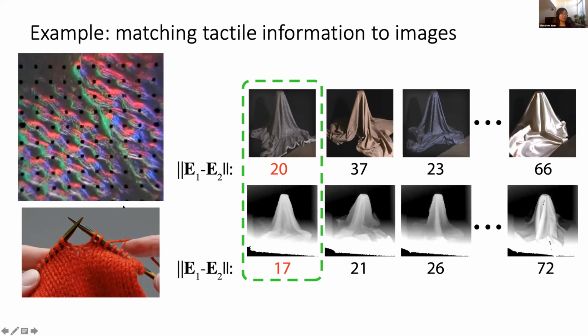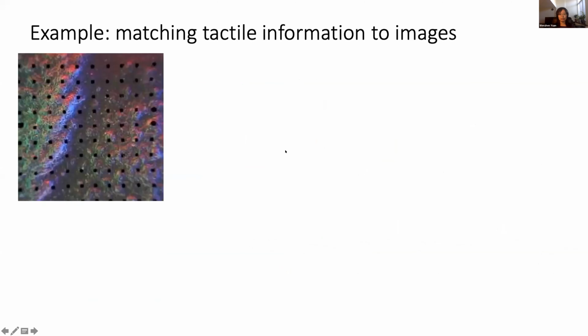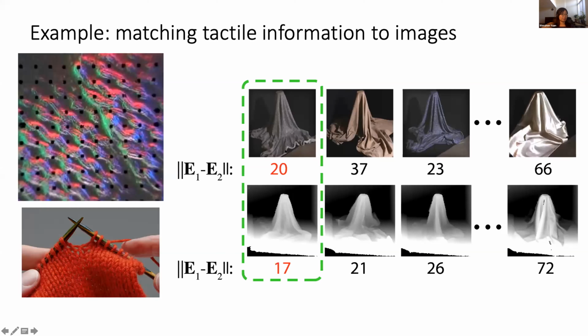In this case, we find that the same piece of material generates the vector that is closest to this tactile data. And even by looking at this visual picture, we can figure out it represents some material that is kind of thin, soft, and very deformable. But if we look at the other data here, like those two cases, there are some materials that look very similar and have very similar properties, and the distances between those property descriptors are very similar.